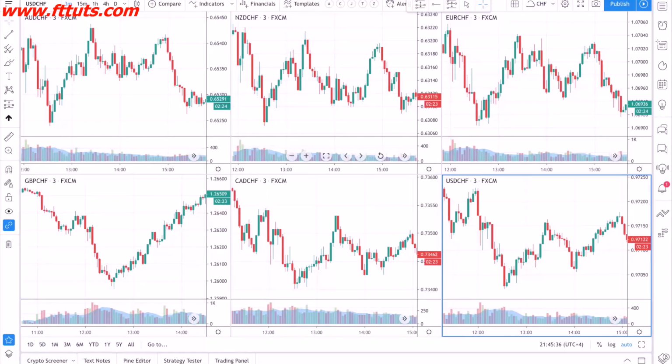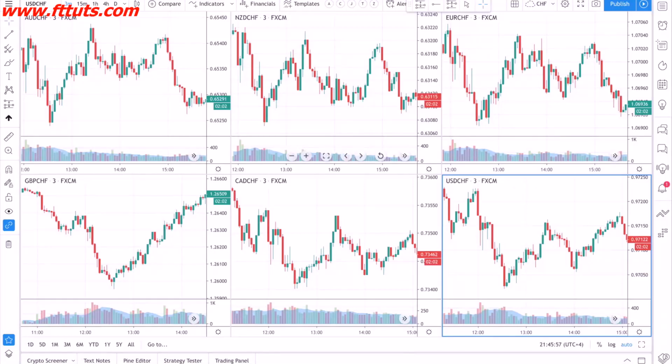So today, I took a trade based on the Swiss franc group, right? And based on all the Swiss franc pairs, I knew Swiss franc was strong. So this whole group that you're seeing in front of you is all Swiss franc: Aussie Swiss, New Zealand Swiss, Euro Swiss, Pound Swiss, CAD Swiss, and USD Swiss.